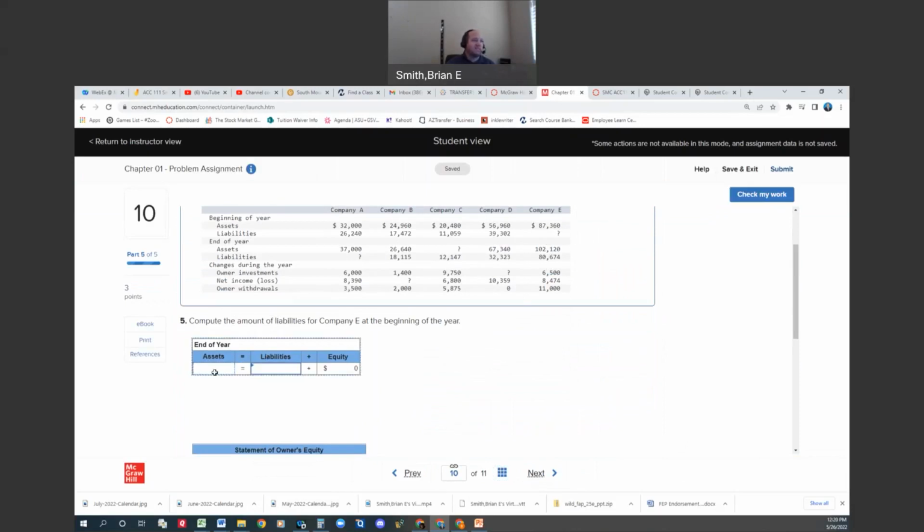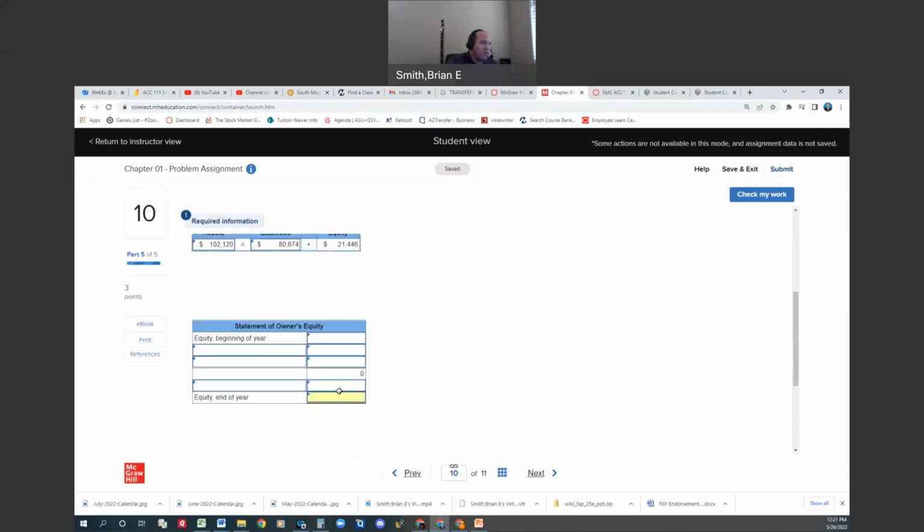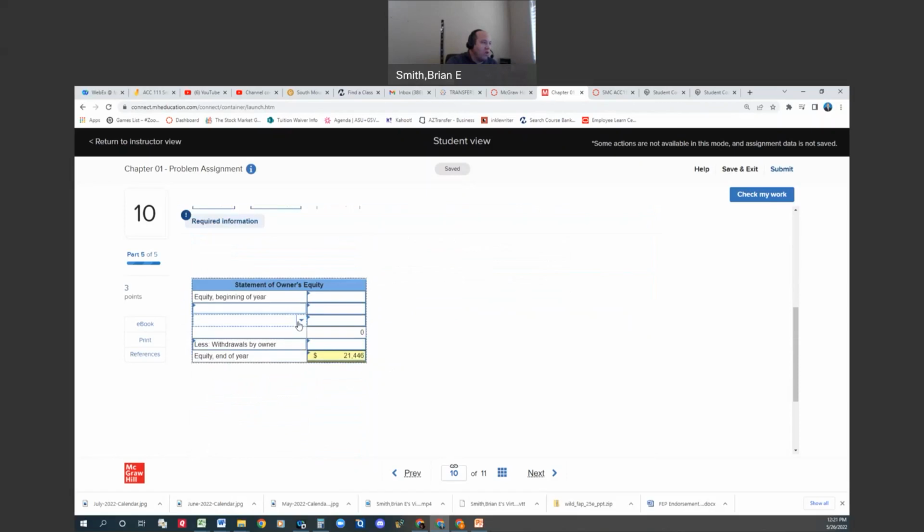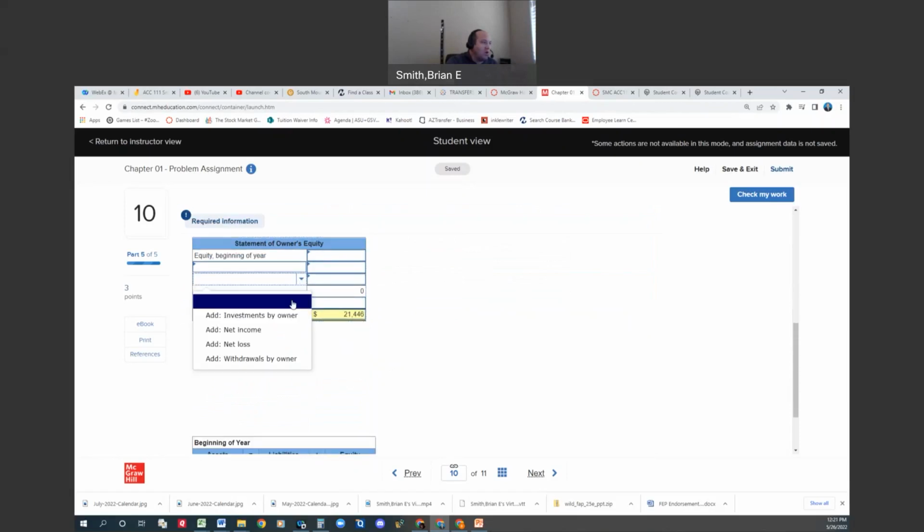So let's go to our assets at the end of the year was 102,120. Our liabilities were 80,674. Our equity at the end of the year is 21,446. So we're going to plug this here, and then we got to work our way backward here. So we're going to subtract our owner's withdrawals. We're going to still add our net income, and we still add our investments by owners.